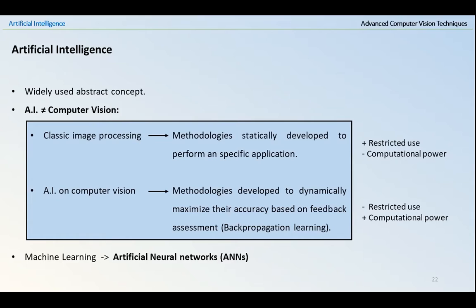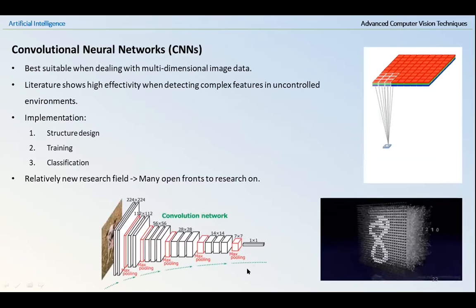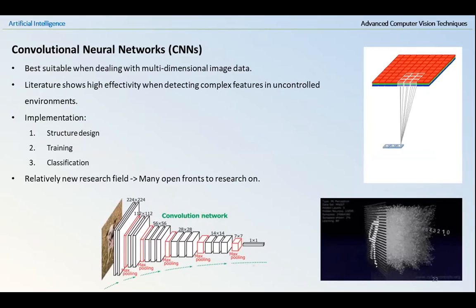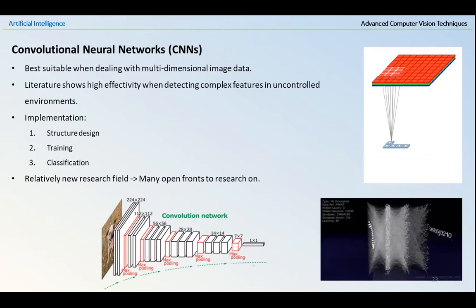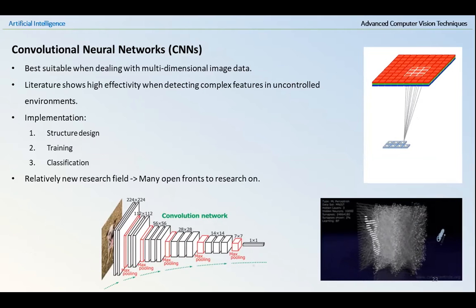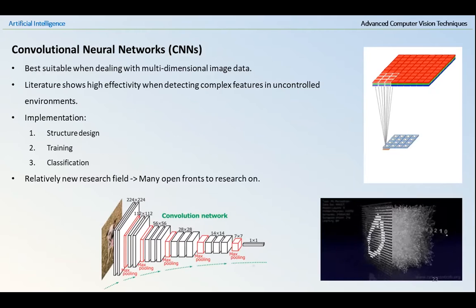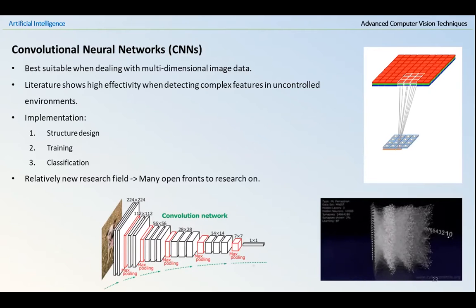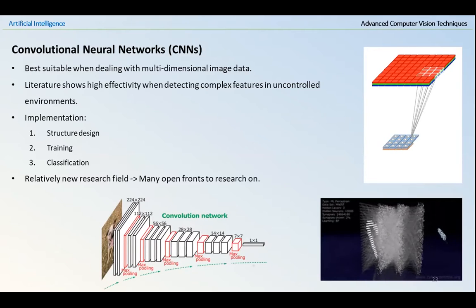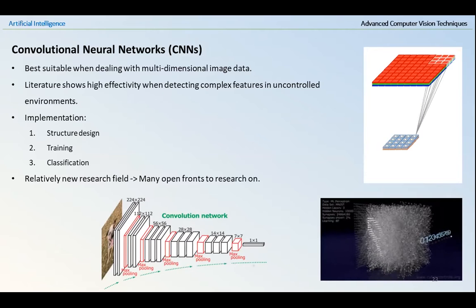Those AI methods usually require more computational power than the conventional computer vision ones, but they are a lot more robust, flexible, and effective. But we have to deal with images, which are two-dimensional or three-dimensional data. Convolutional neural networks are the neural networks that fit best with this kind of data.